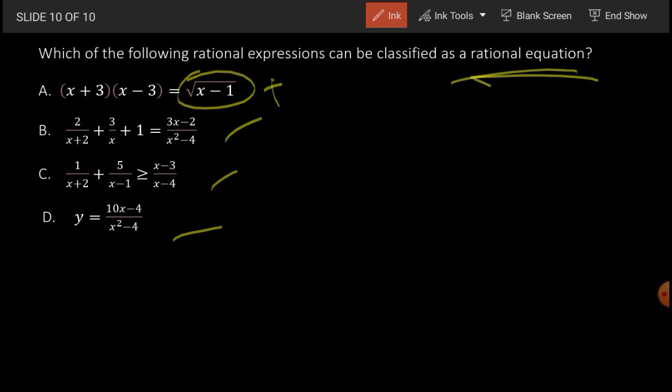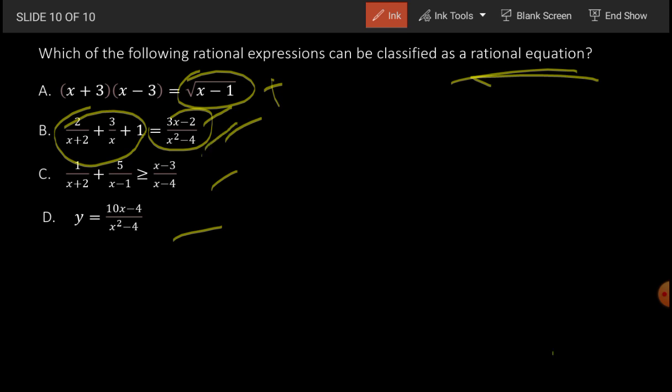Letter B is a rational equation because, as you can see on the left part, there are fractions where the numerators and the denominators are both polynomials. Same here on the right side of the equation. The numerator and the denominator are both polynomials.